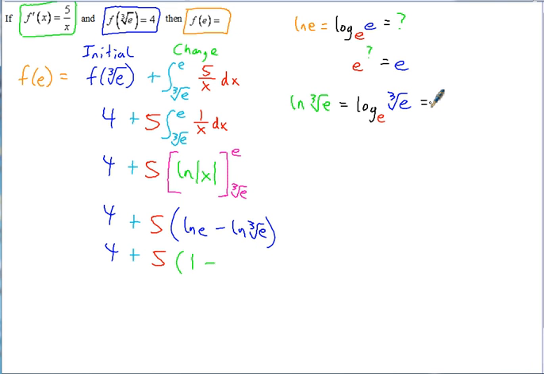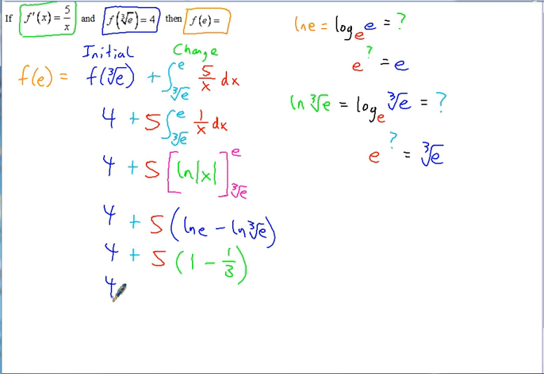So again, we want to figure out what does this equal. So this is saying e to what exponent equals what's inside the log, the cube root of e. Well, what exponent would be the same as the cube root of e? If you think about switching this from radical form to exponential form, you see this would be e to the 1/3. So that exponent would be 1/3. So the natural log of the cube root of e is just 1/3.